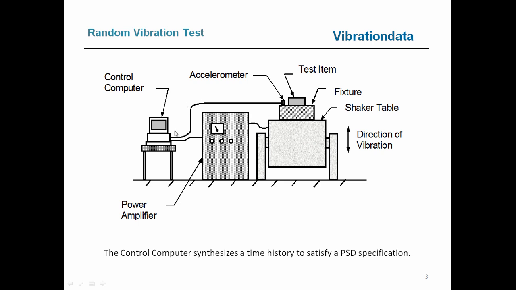So what the control computer will do then is take the g² per hertz versus frequency in hertz power spectral density, synthesize a corresponding time history in terms of g versus second, and then it will determine how to come up with the proper voltage versus time in seconds signal to output to the system.